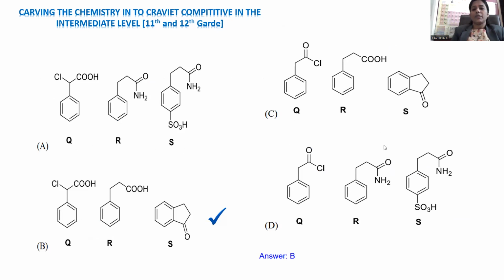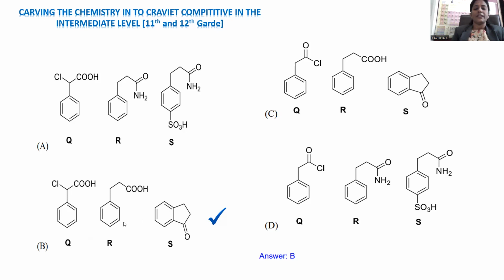Among all, the correct answer will be B, where Q will be alpha-chloro phenyl acetic acid, and R will be one carbon increased, so that we can say phenyl propionic acid will be R. This will be condensed, where dehydration is carried out and cyclization as well. And a 5-membered ring is generated as the final product with the carbonyl ketonic functional group. So this will be S.